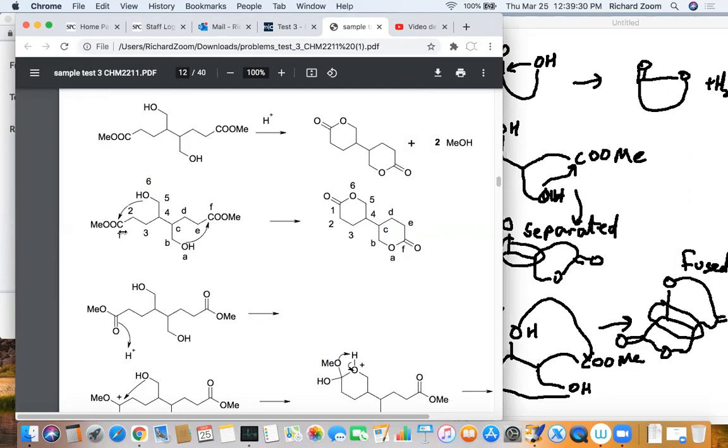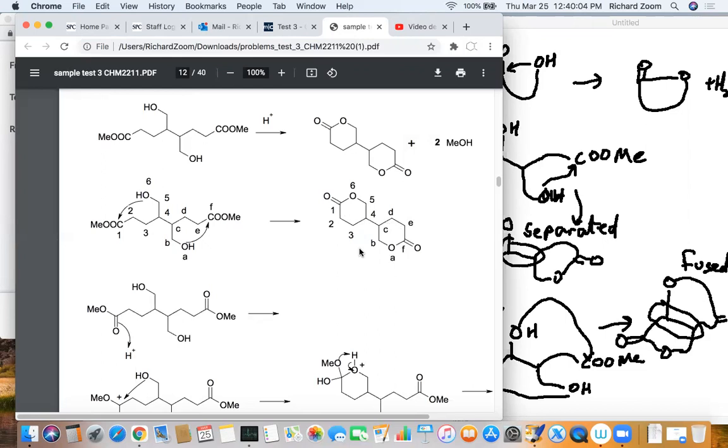I've numbered these 1, 2, 3, 4, 5, 6, so I could get an idea of the size of the rings I was going to get in each instance. Then I can do the same thing, A, B, C, D, E, F. Now notice I've numbered between the O from the OH and the C from the C double bond O. That's what's enabled me to determine how big the rings are in each instance. And as you can see, we get two 6-membered rings here.